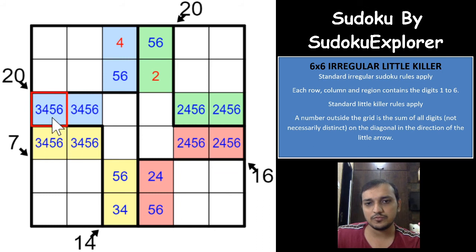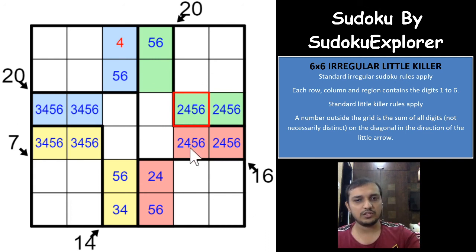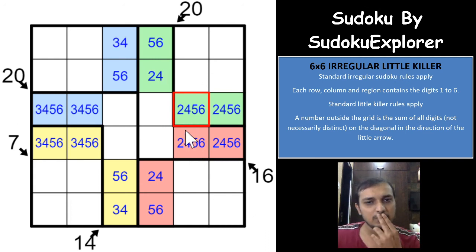This would have to be a 4 and a 6, right? 3 and a 5 is 6. That gives you a 10 here. So 4 and 6, and 2 and 5. Okay, wait. Maybe.